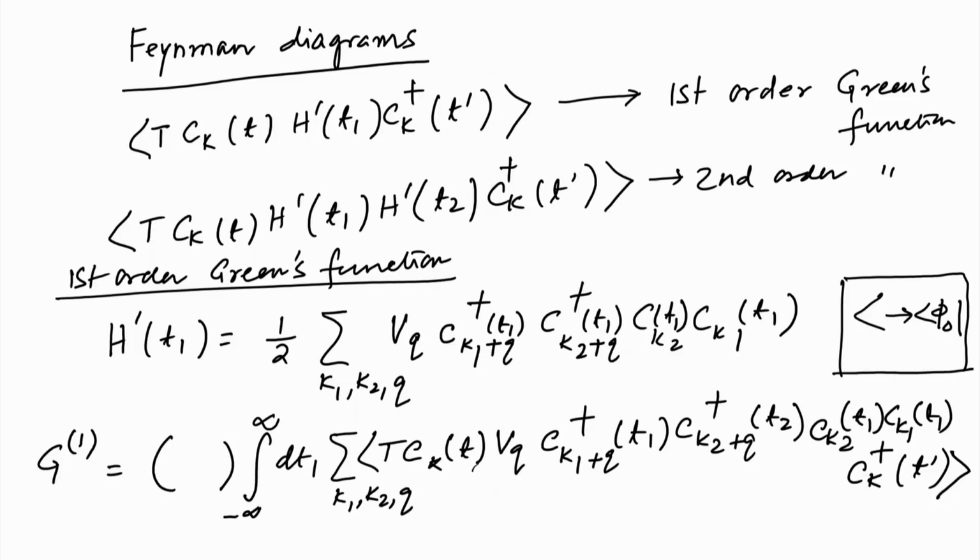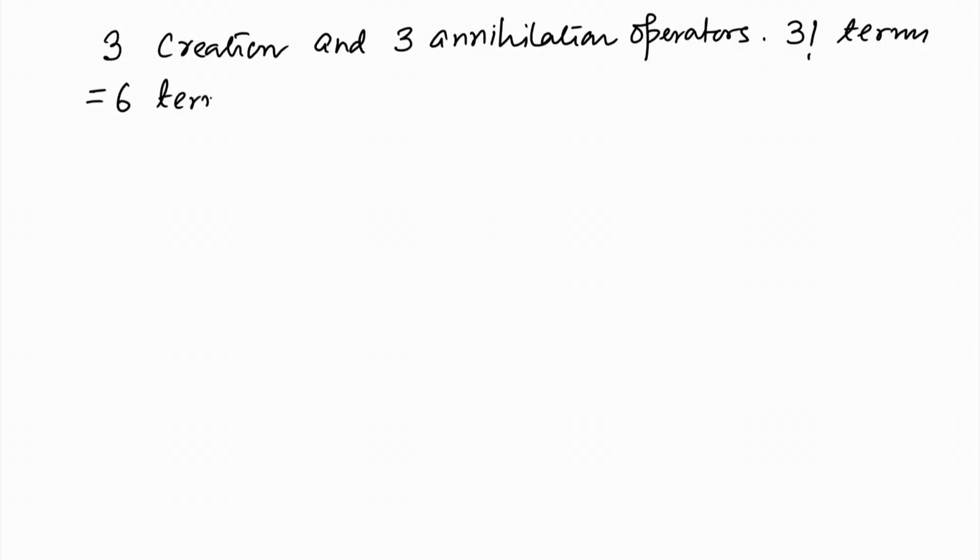So, this is the first order Green's function, and because there are 3 creation and 3 annihilation operators, there are 3 factorial terms, which means 6 terms that will be there, and let us just write down the terms.